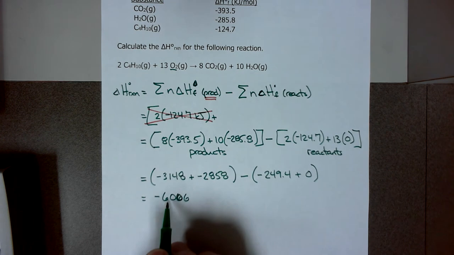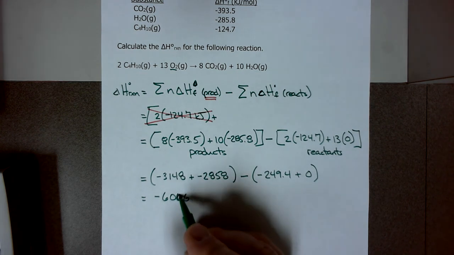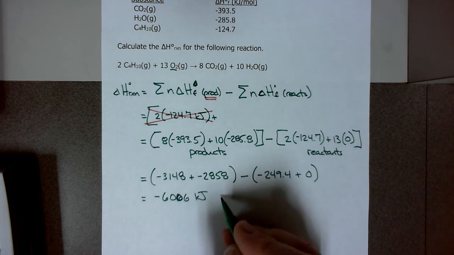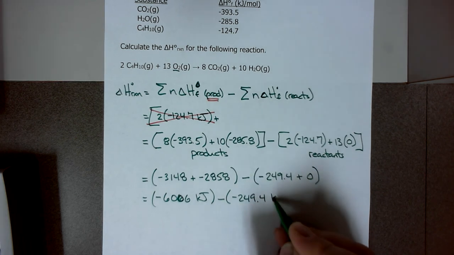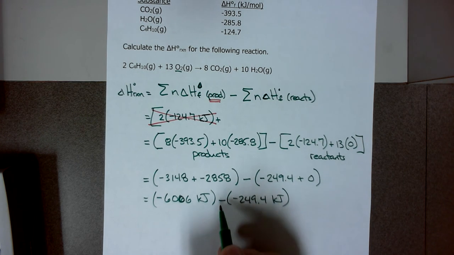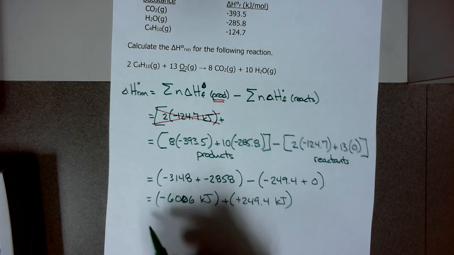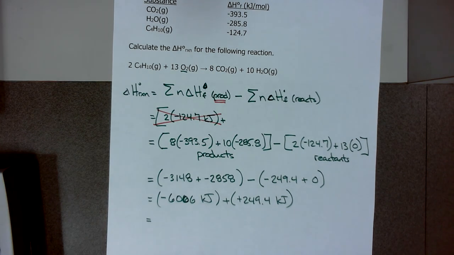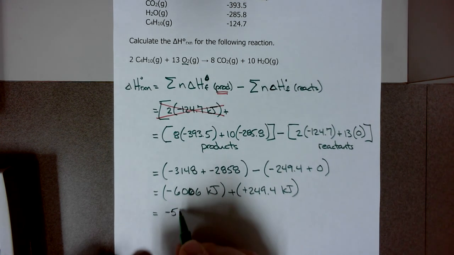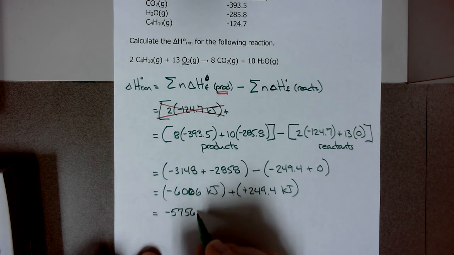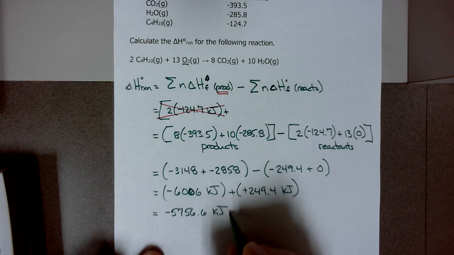So there is the negative 6006 kilojoules, and then minus a negative 249.4 kilojoules, and so minus a negative becomes plus a positive, and so we really have negative 6006 plus 249.4, and so this is going to be a negative 5,756.6 kilojoules per mole of reaction.